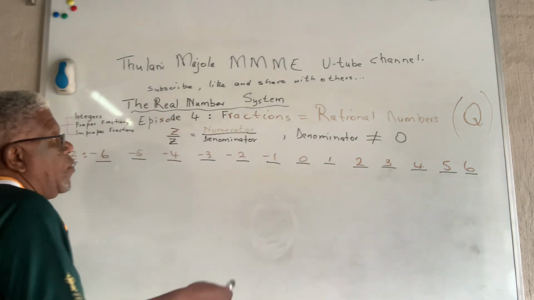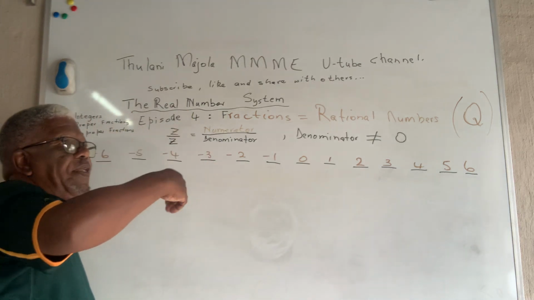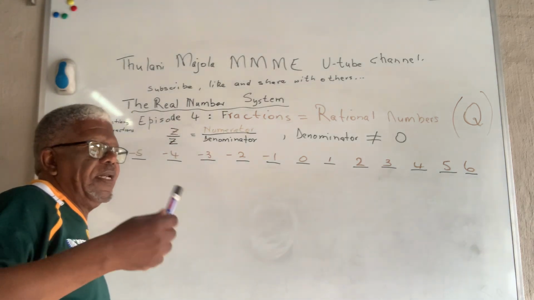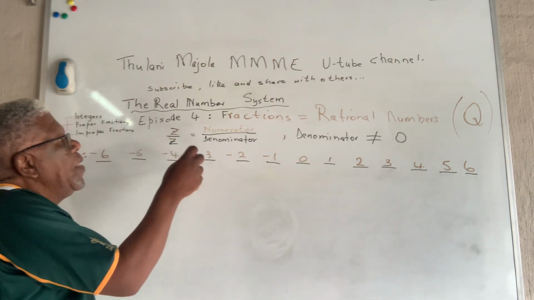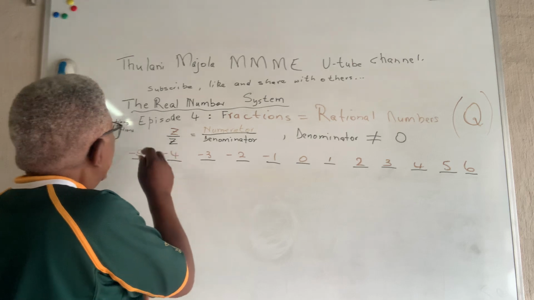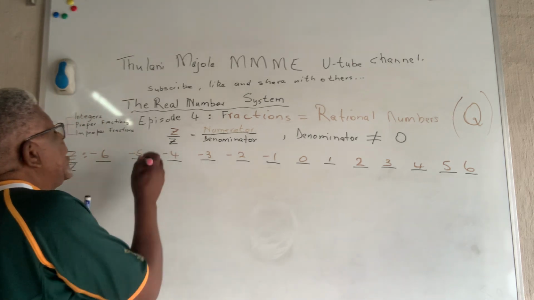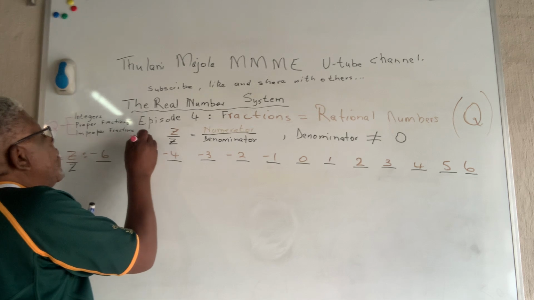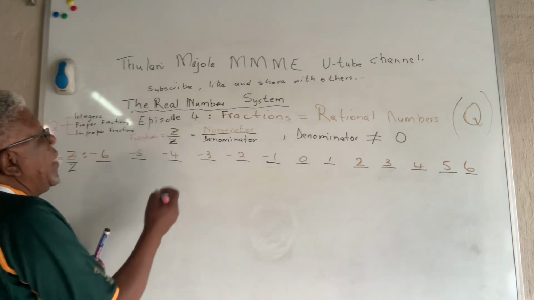When we talk about fractions, we say, because we've dealt with natural numbers and whole numbers, and we know all those are actually integers, a fraction is actually an integer over an integer.